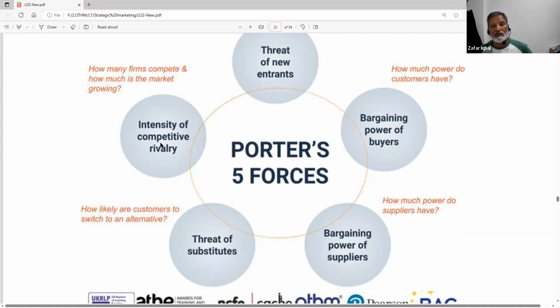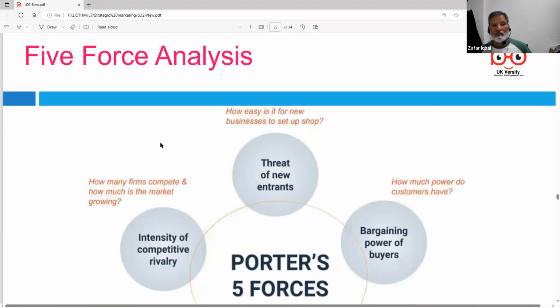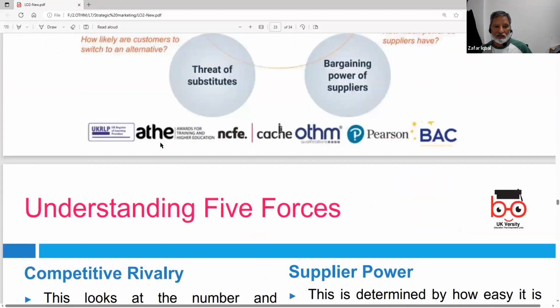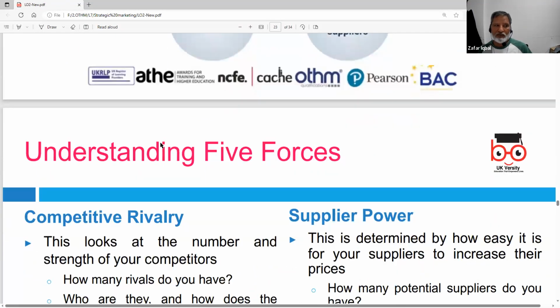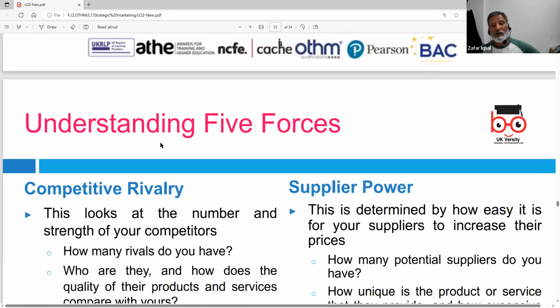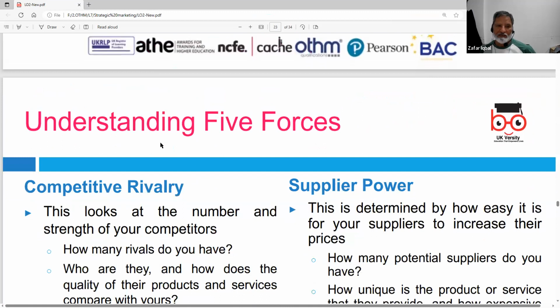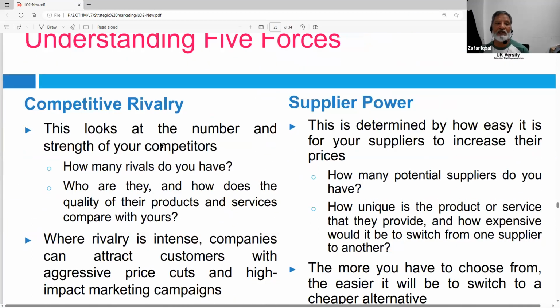So let's look at how the 5 forces model is going to impact our organization. Understanding the 5 forces model: number 1 is competitive rivalry. Competitive rivalry means how many competitors are there in your marketplace, in your market area.